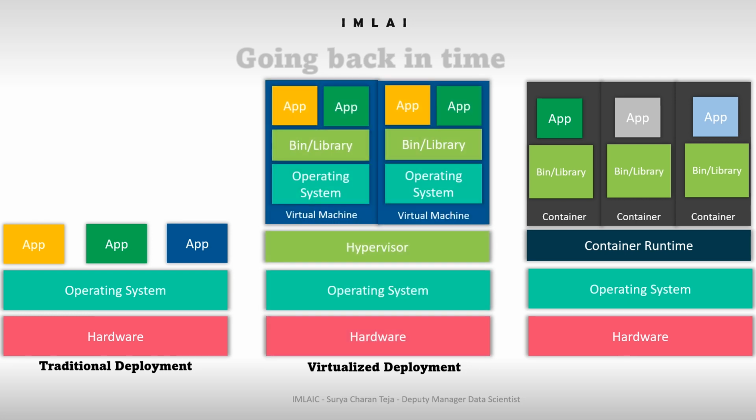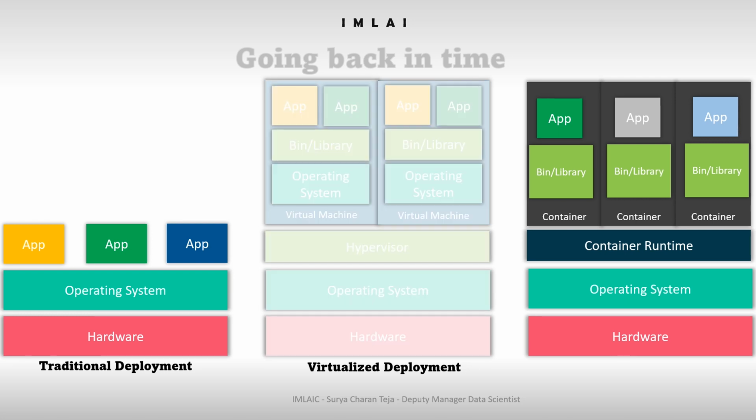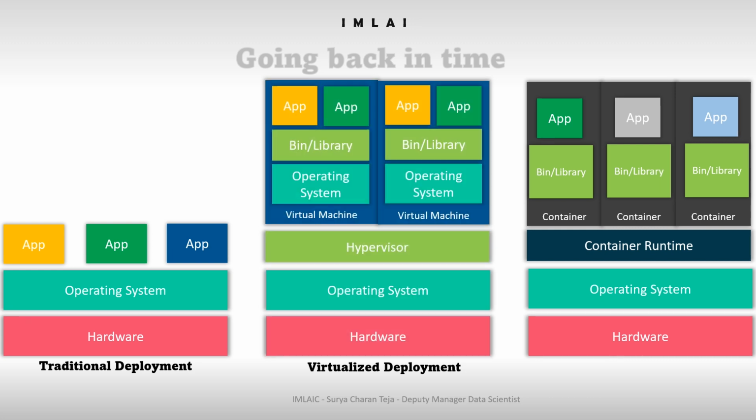Each virtual machine is a full machine running all the components, including its own operating system, on top of the virtualized hardware. So the last one we have is container deployment.